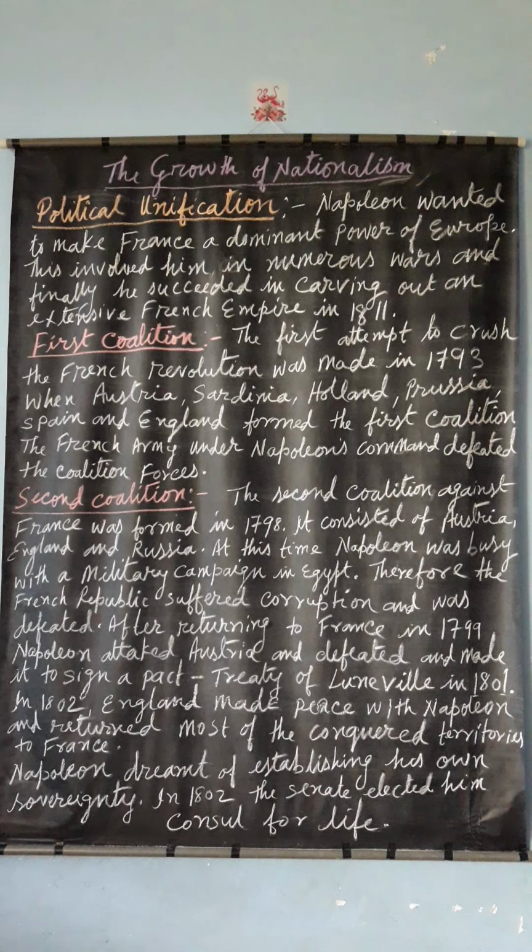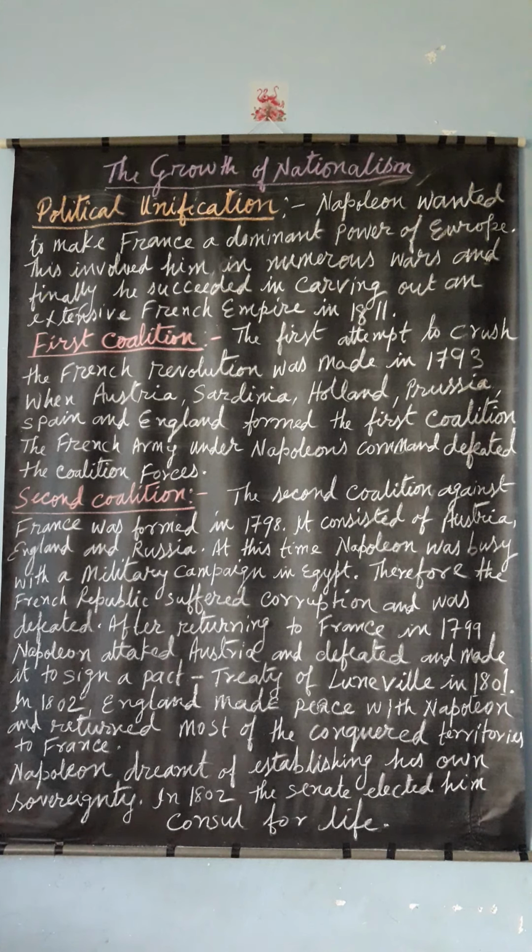So, the second coalition against France was formed in 1798 by Austria, England and Russia. At this time Napoleon was busy with the military campaign in Egypt, and that is why he could not help the French Republic or his army, and the French Republic suffered corruption and was defeated by the coalition of Austria, England and Russia.